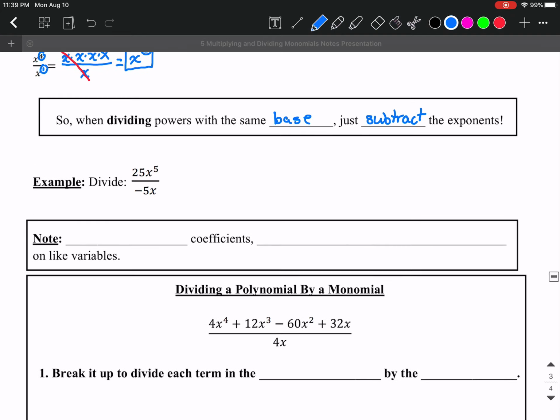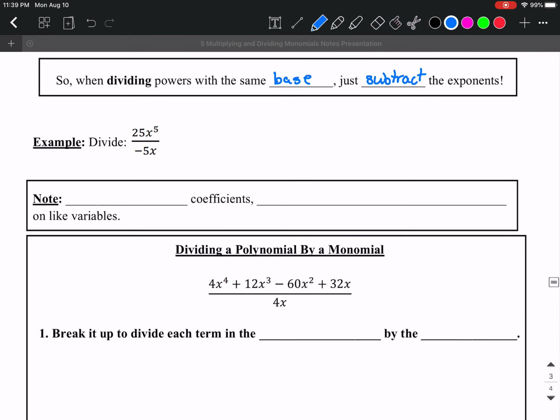All right, now, when we have constant coefficients along with the variables, we're going to divide the coefficients, and then we subtract the exponents on the like variables.